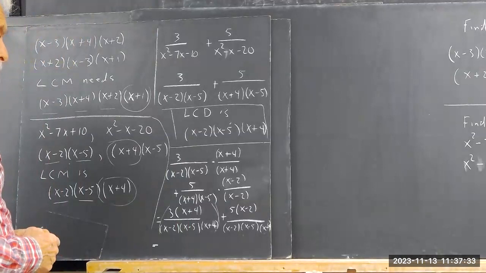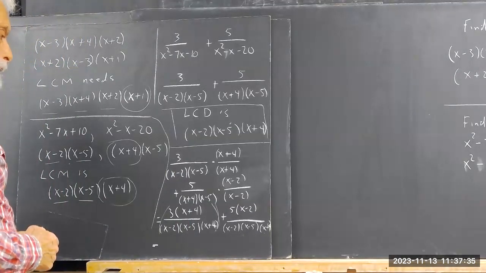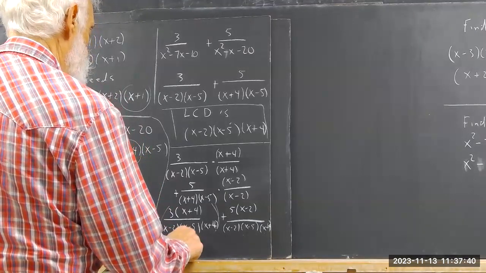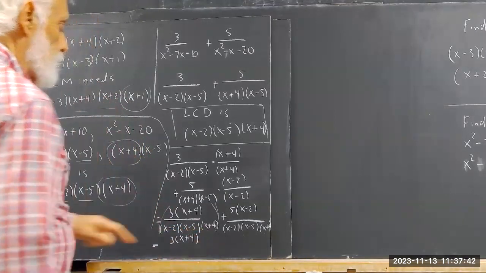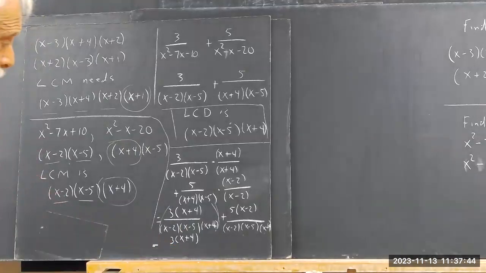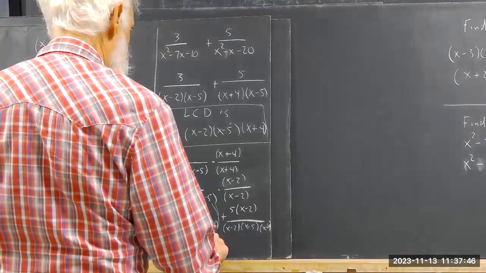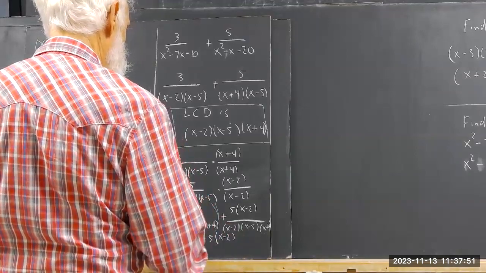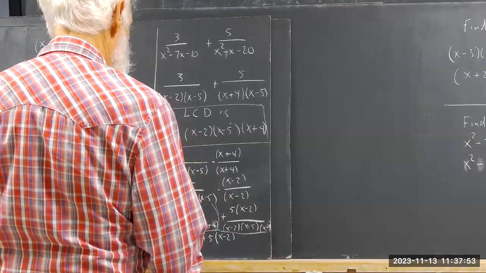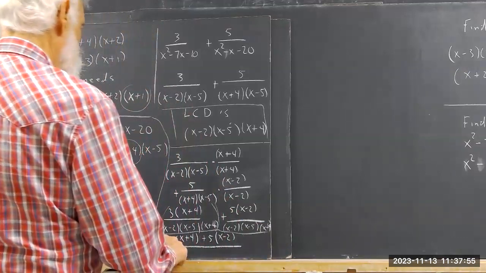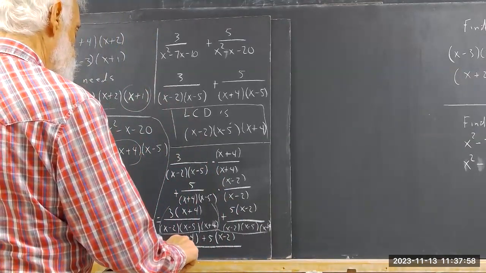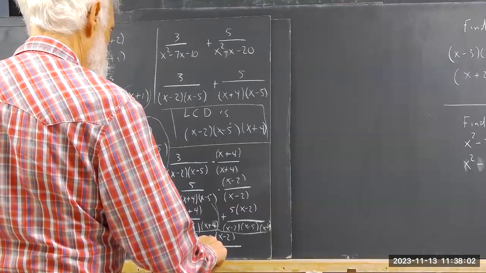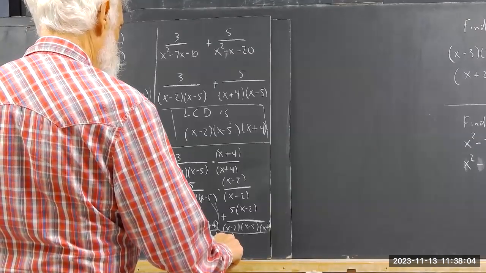Okay, so this is 3 times the quantity x plus 4 plus 5 times the quantity x minus 2, all divided by this denominator, x minus 2 times x minus 5 times x plus 4.